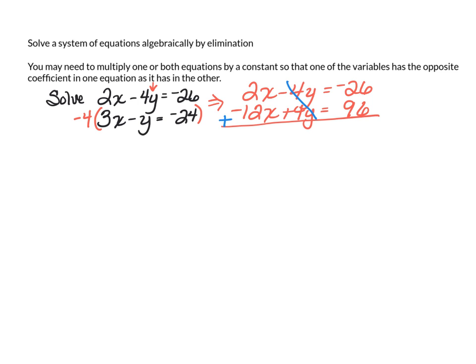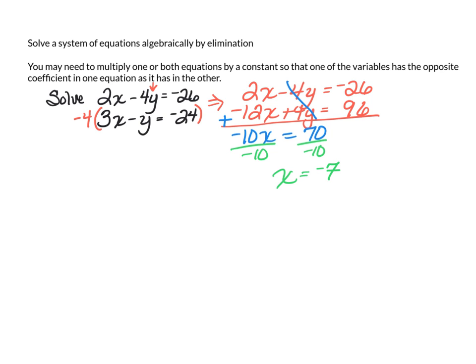They'll be eliminated. I'm left with negative 10x equals 70. Now I can solve this equation for x. I divide both sides by negative 10, and I get x equals negative 7.